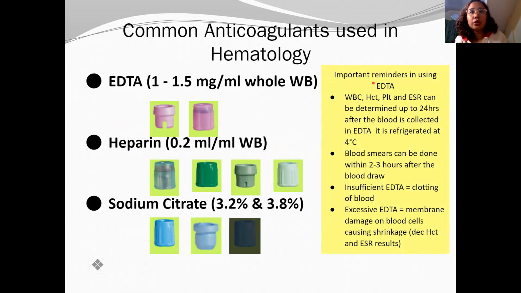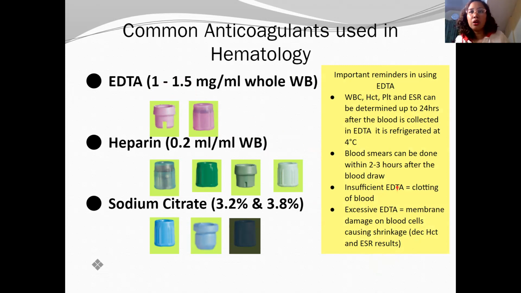Some reminders: if your tube is underfilled, especially EDTA, it could shrink your blood cells, because of the excess EDTA. If insufficient anticoagulant, with too much blood, there could be clotting.